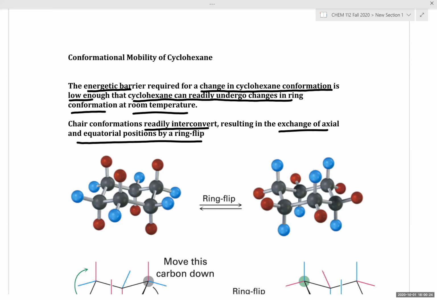So let me put some labels. So I'm putting together a model really quickly to show you this ring flip. And we'll talk a little bit about how this ring flip actually pans out in terms of your final chair conformation.